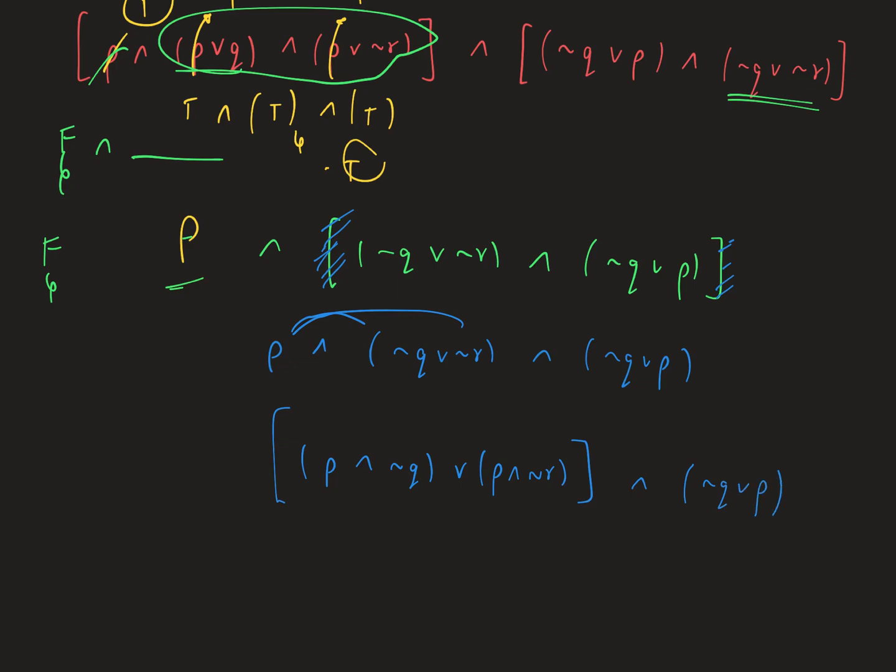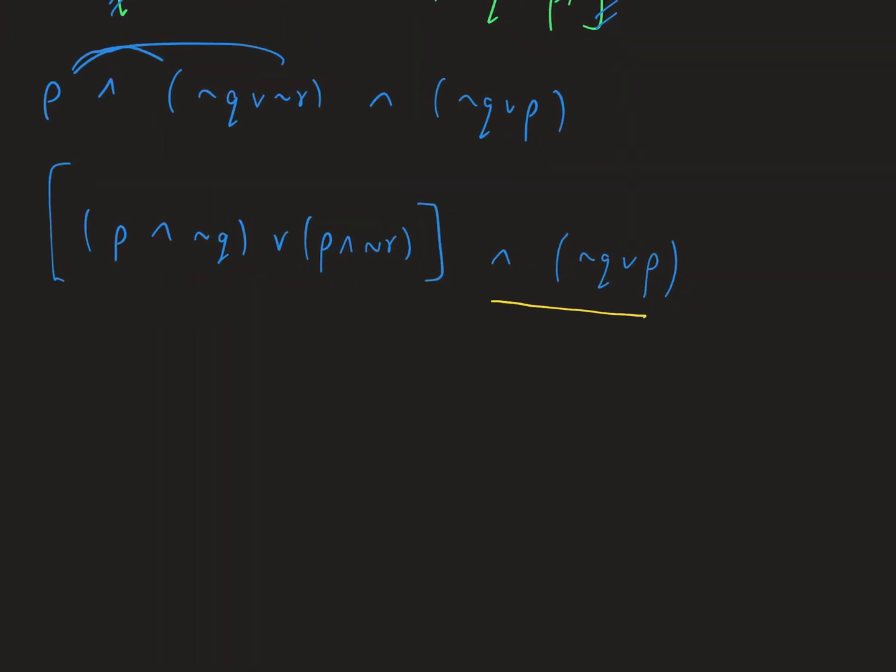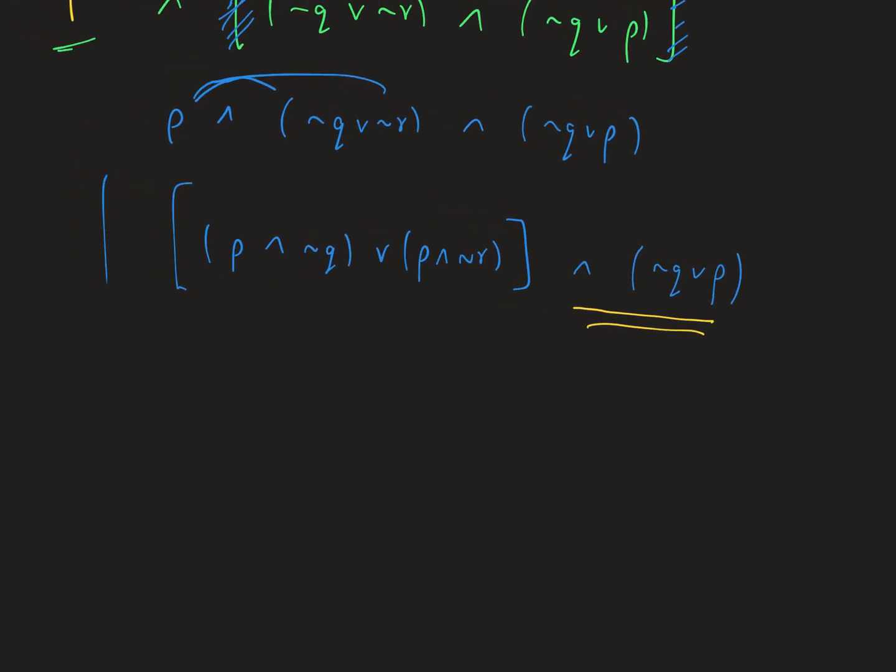And the next step, well, this is probably the tricky one. But you need to notice that and not Q or P is a direct opposite to this one. So if I change this one into or Q and not P, it will still be the same.